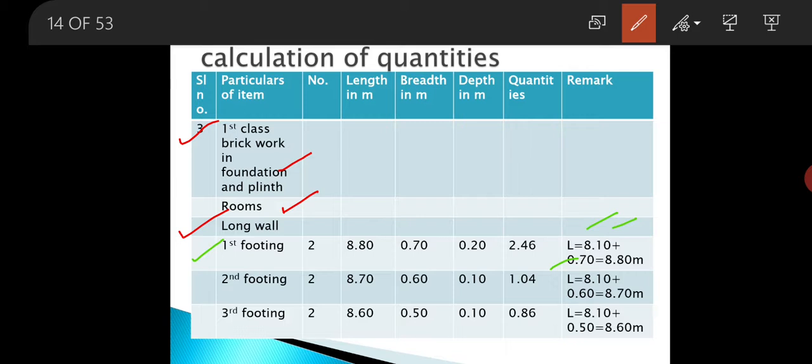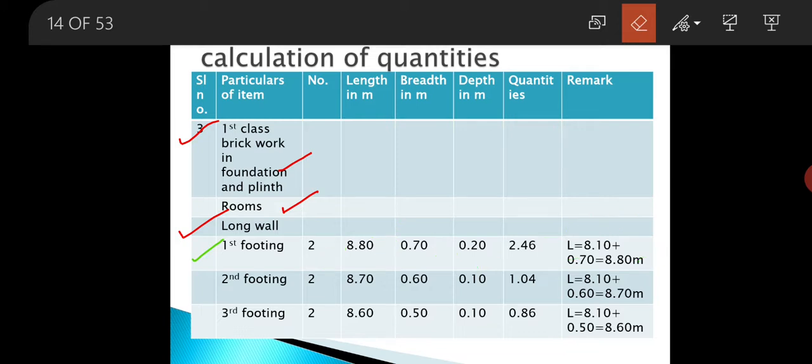That means one width of the first footing, that is 0.7. So it becomes 8.8. Number of long wall is 2. So number of first footing will also be equal to 2. Then breadth is 0.7, depth is 0.2. Then simply we will multiply these 4 columns. So the total quantity of first footing is 2.46 cubic meter.